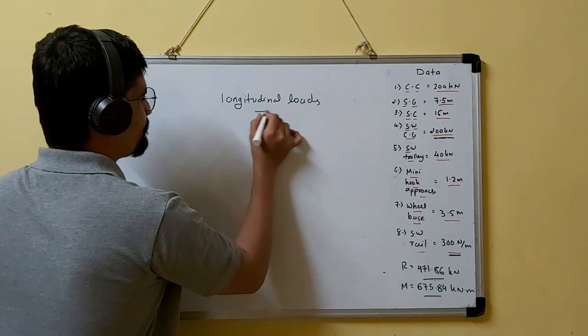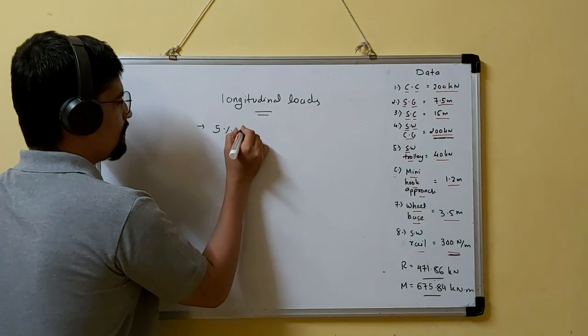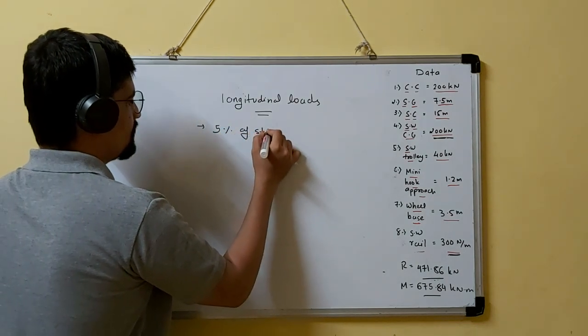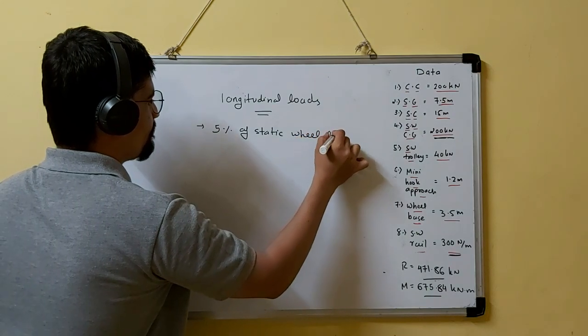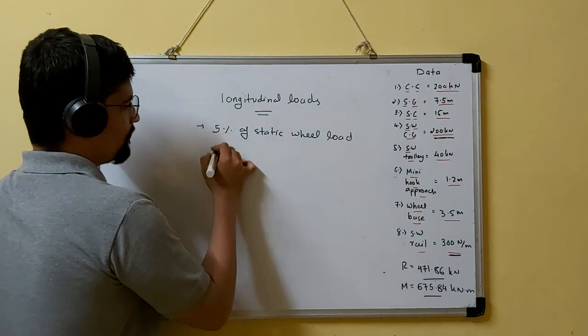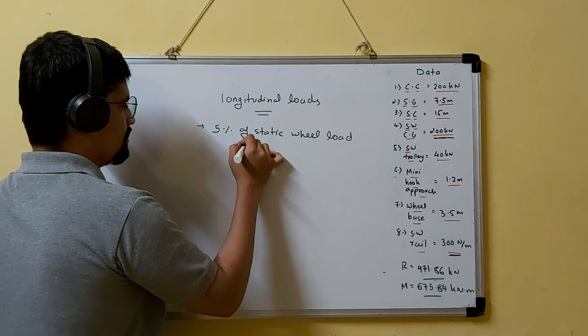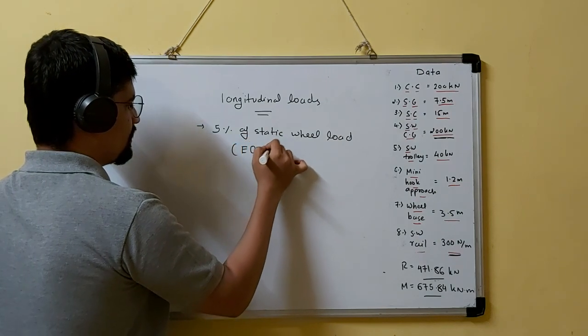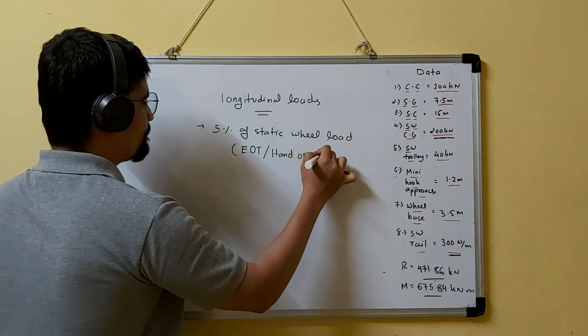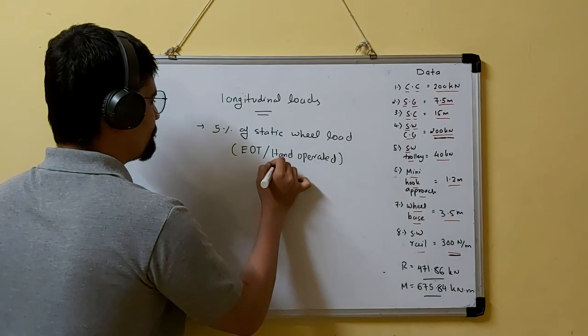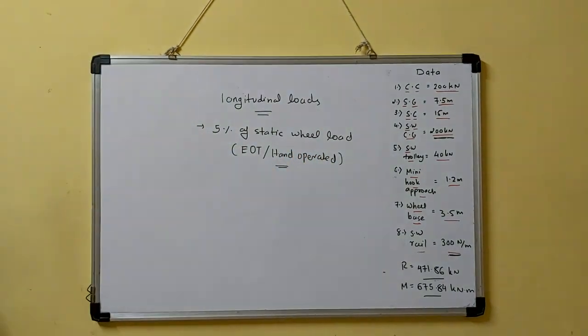It is 5% of the static wheel load for both EOT and hand operated crane.